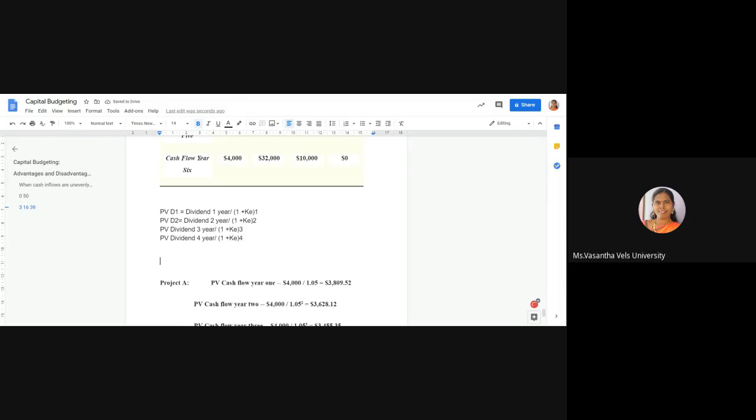Remember this? Are you able to see? Students, please respond. Yes, ma'am. So the cash flow of the first year, the present value of the cash flow of the first year, year one.